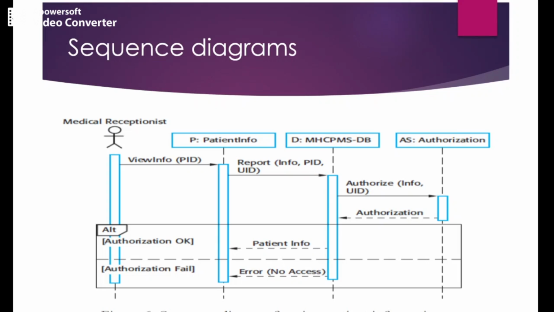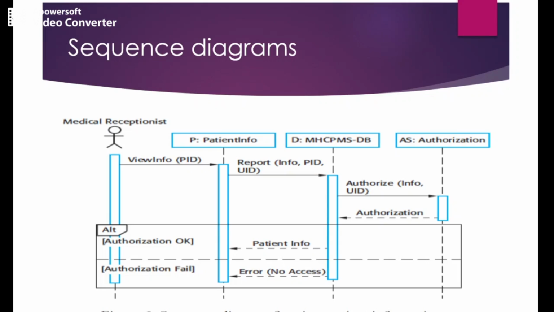So how is it possible? Using the PID. It's like your USN. Then UID. What is this UID? Anyone knows? See, this is a unique ID given to the medical receptionist. So your database should know who is actually sending the request. If it is the request from the medical receptionist only, then the database can send the report, isn't it?